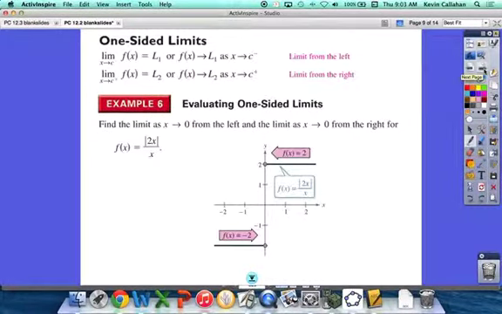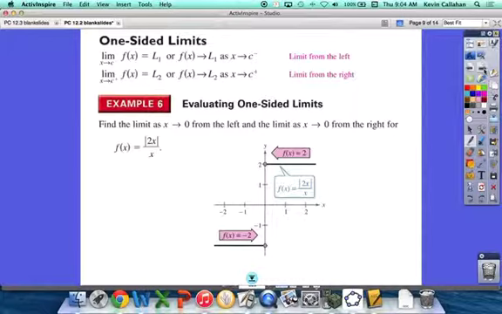One-sided limits, right? We talked about this last class. And I've just reprinted the whole example, but the classic example of when a limit doesn't exist is when they give you a function which is an absolute value divided by something that's not an absolute value, right? Because the absolute value in the numerator will always be positive, but the one in the denominator is going to switch signs, which means that what you're looking at on the graph will be positive at one part of the domain and negative at another part of the domain.